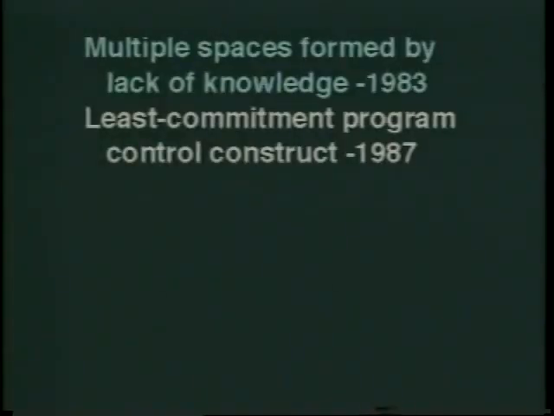What is, I think, the biggest transformation occurred in 1987, in which problem spaces all of a sudden turned out to be a least commitment program control construct. Okay? Let me try and explain that.